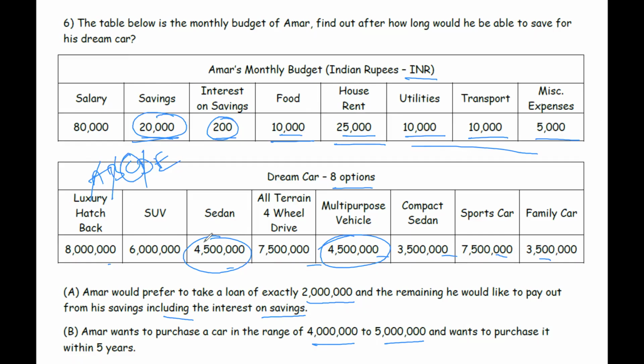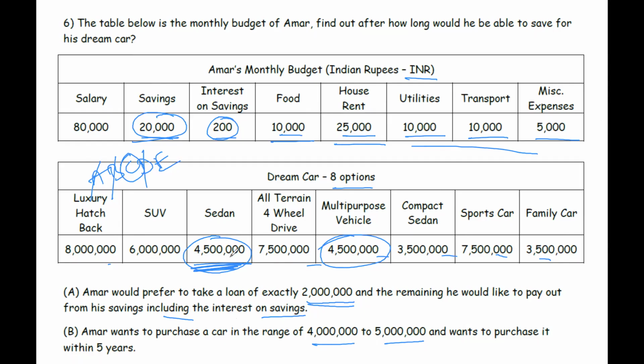Now, when we take both statements together, we know for a fact that he takes a 2 million loan. We know for a fact that his budget is 4,500,000. So then we can figure it out.